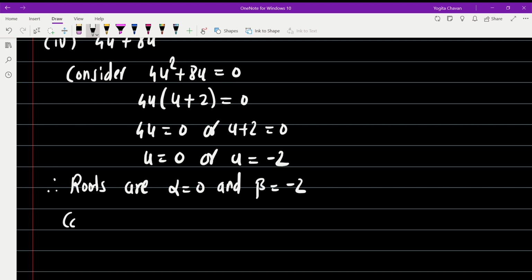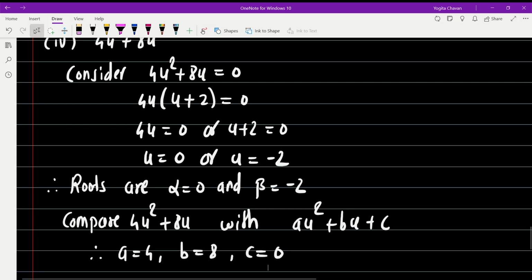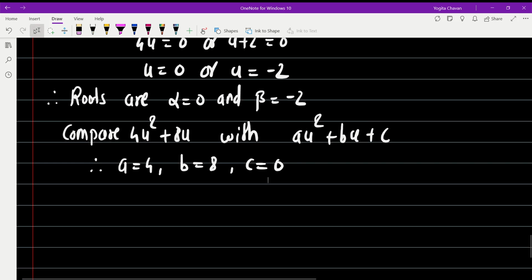Now compare given polynomial, compare this 4u square plus 8u with a u square plus bu plus c. Therefore a is equal to 4, b is equal to 8 and c is equal to 0. Now sum of the roots.